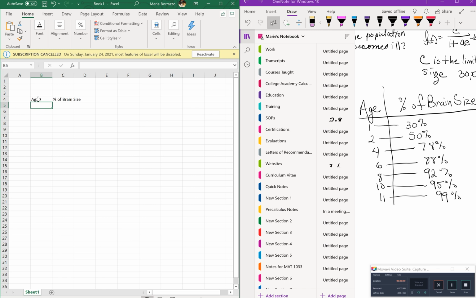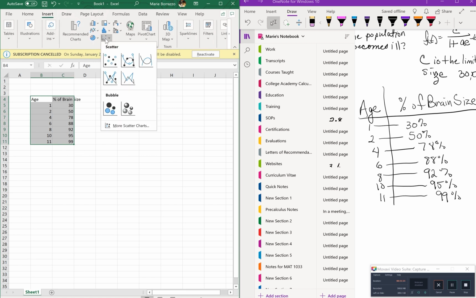All right, so we'll go with age first. So 1, 2, 4, 6, 8, 10, 11. And then here we have 30, 50, 78, 88, 92, 95, and 99. Okay. So I'm going to grab this information and go to Insert, Scatter Plot.